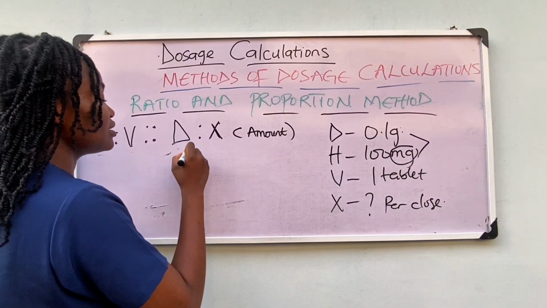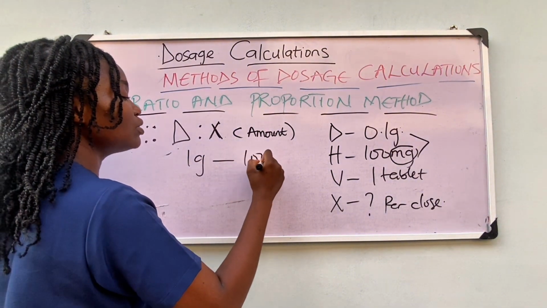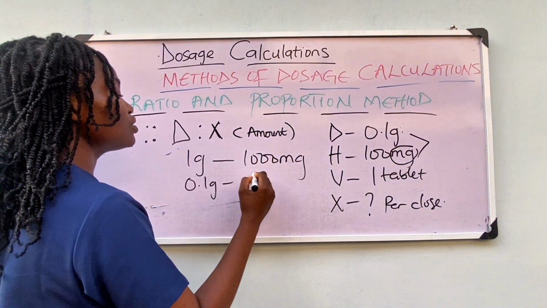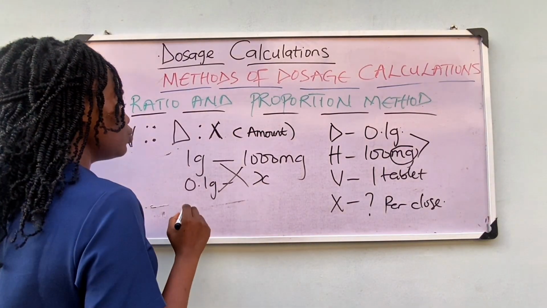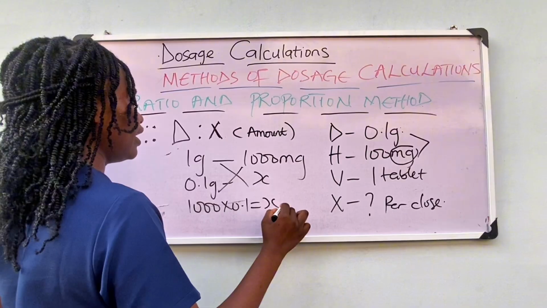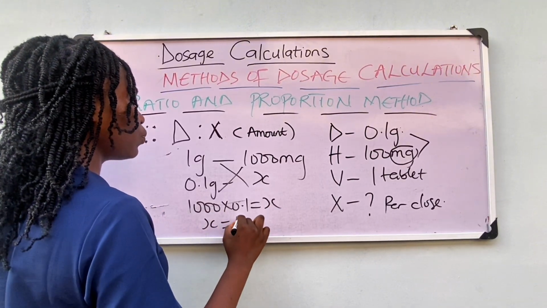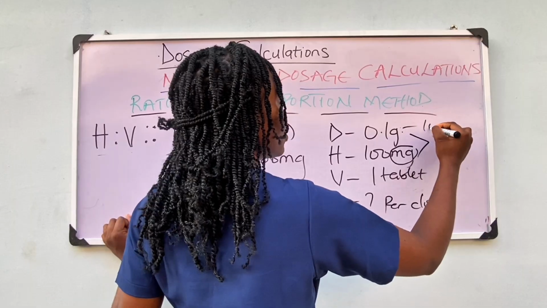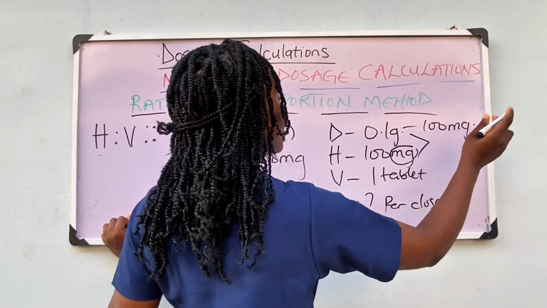Conversion says 1 gram is equal to 1,000 milligrams. Therefore, 0.1 gram will be equal to X. When we cross multiply, we have 1,000 times 0.1 is equal to X. So our X becomes 100 milligrams. Instead of 0.1 gram, we are going to be solving with 100 milligrams.